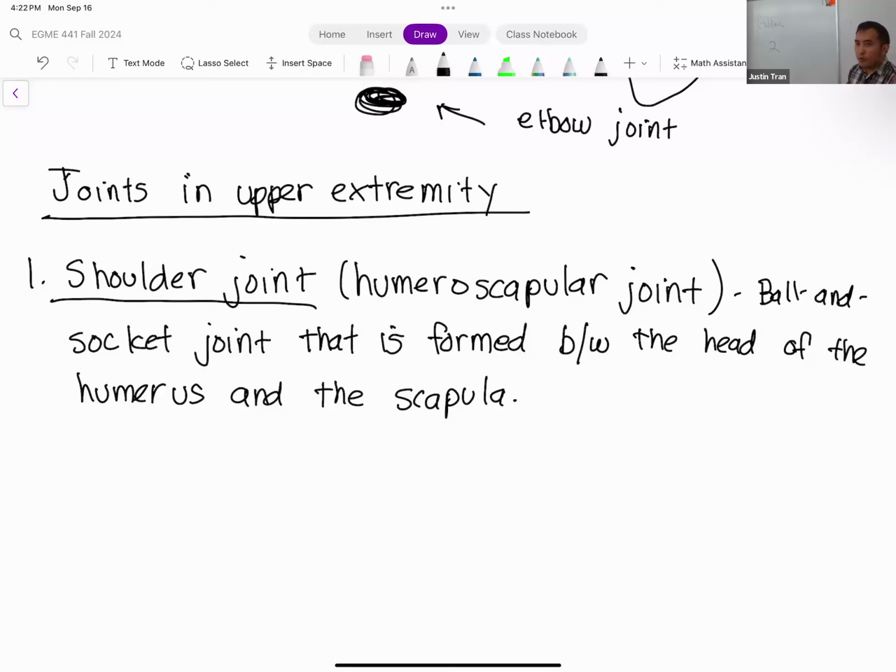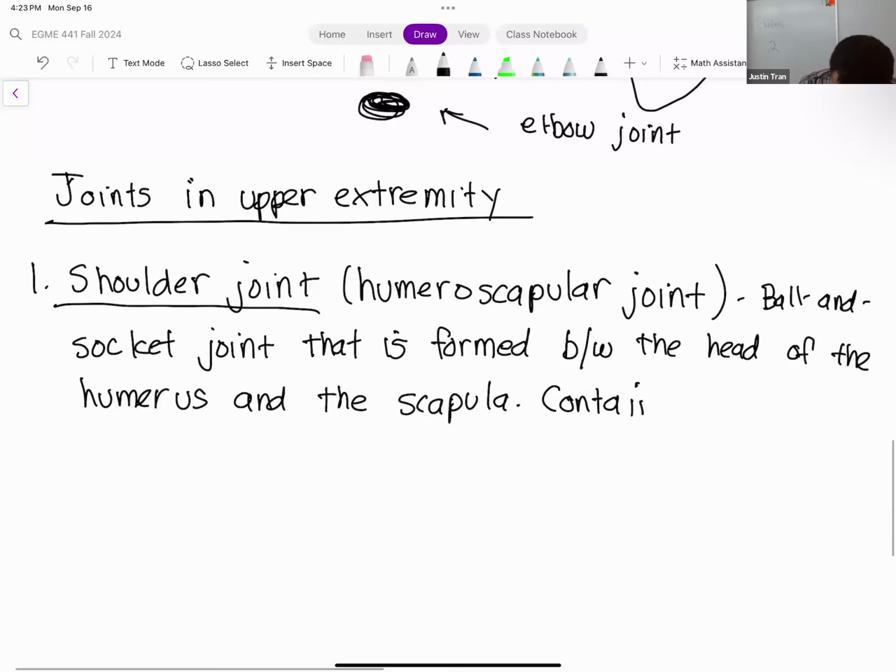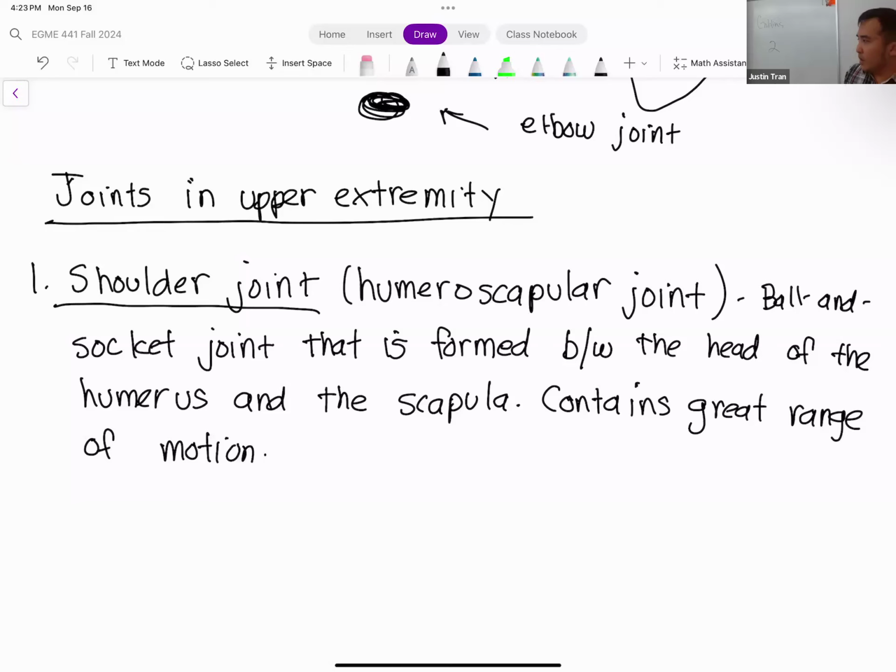Like we mentioned before, the shoulder joint is one of the most flexible joints in the body. It's probably the one with the greatest range of motion. But that also comes with a risk, because the shoulder joint is often dislocated when people use it.